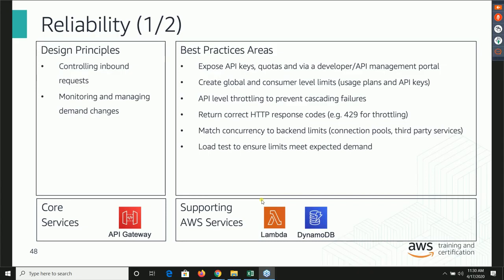Let's say your client apps include an Android app, an iOS app, or a web app, and these clients are invoking your API. That is one scenario. Another scenario could be that you have exposed your services APIs to third parties.